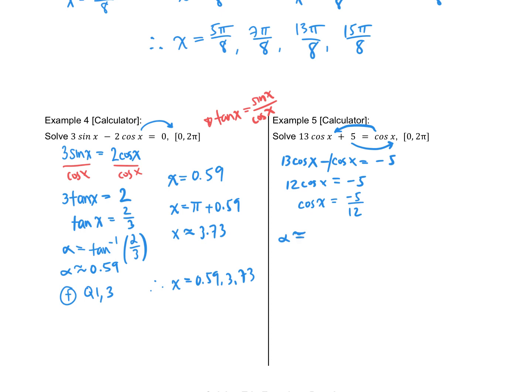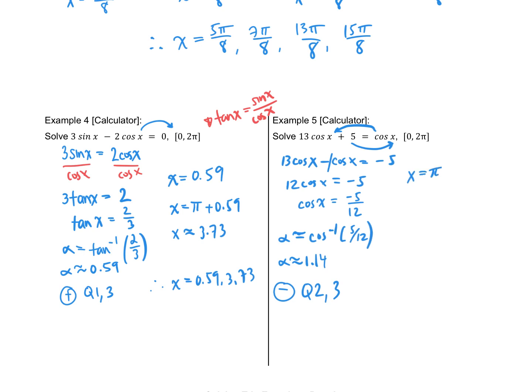And I am going to need my calculator for this. So I'm going to take the cos inverse of 5 over 12, the positive ratio, because I want an acute angle, and alpha is approximately 1.14. And in my equation, cos has a negative ratio, and cos is negative in quadrant 2 and 3.